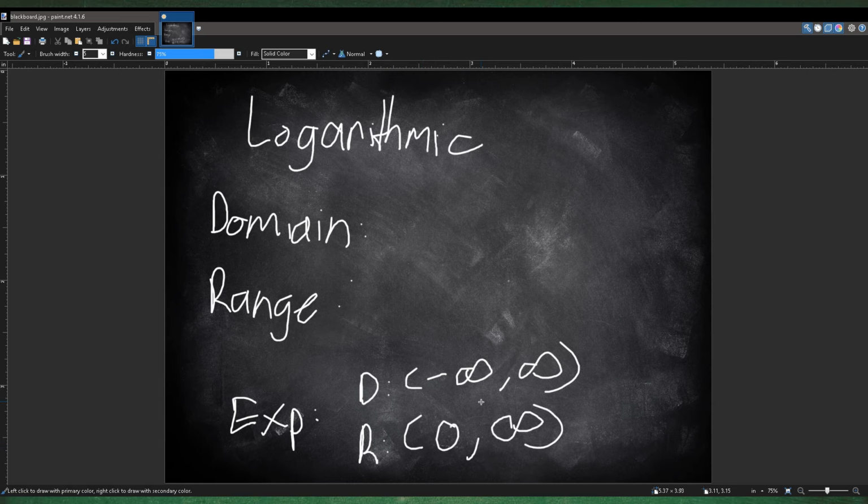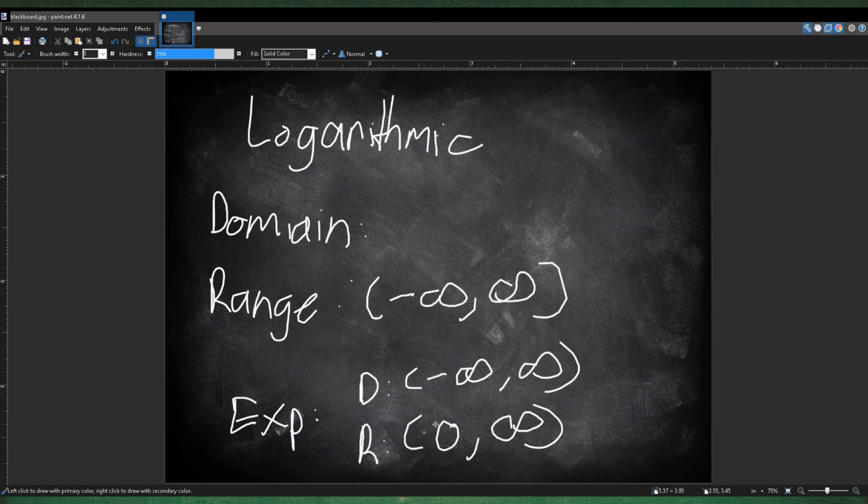Remember what I said in part 2 of chapter 3, where I said that for the inverse of any function, its domain becomes its range and its range becomes its domain. Well, the same thing applies to exponentials and logarithms. So now if the logarithm is the inverse of exponentials, the domain of the exponential is the range of the logarithm. So it's going to be negative infinity to infinity.